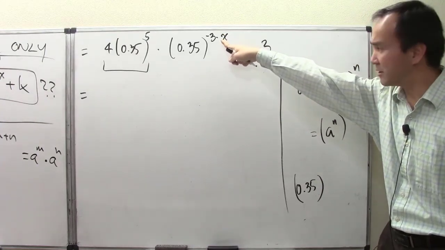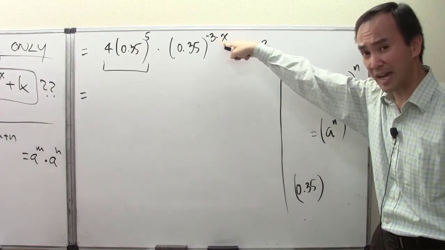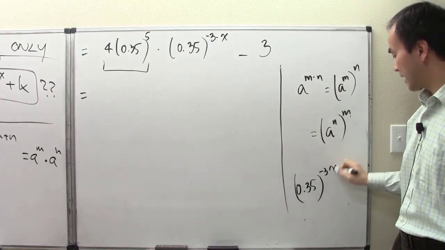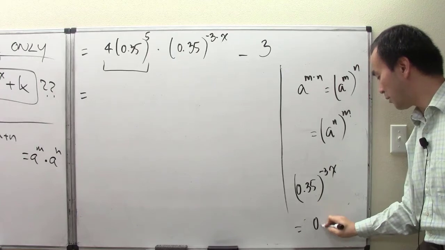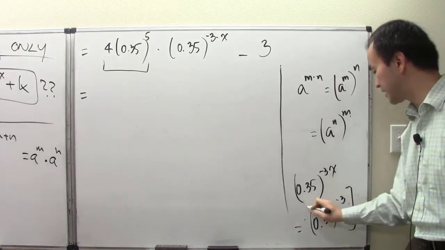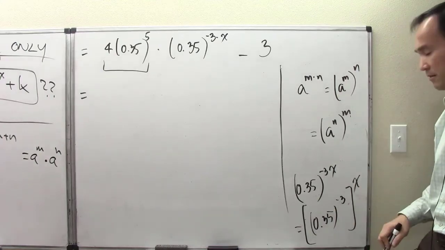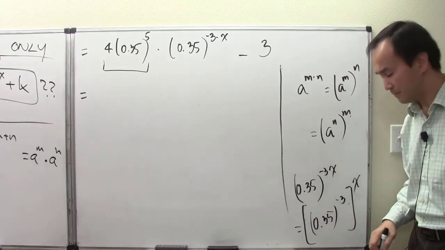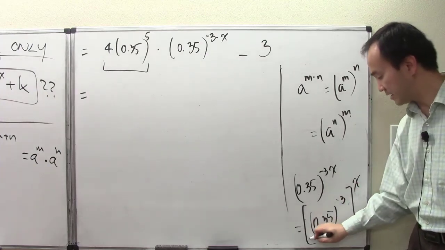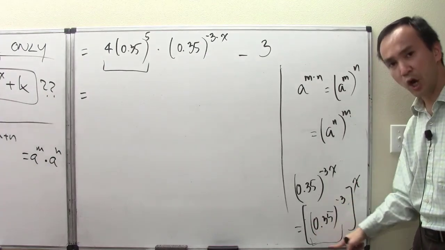0.35 raised to the power negative 3 times x. Now I can see this as 0.35 to the negative 3 power, and we raise that to the x power. Okay, 0.35 to the negative 3 raised to the x power. Isn't this another known value?